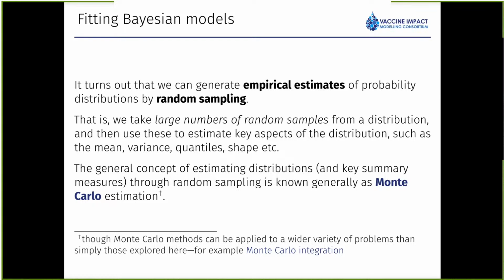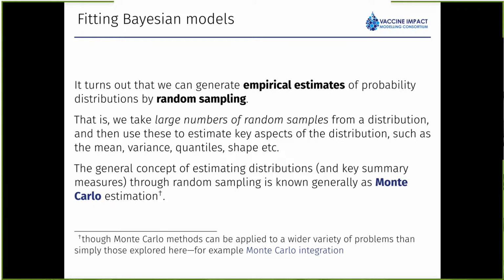And that's going to give us an estimate of what that distribution looks like. Also, if we take a large number of random samples and we take their sample mean, then we get an estimate of the mean of the distribution. If we take a large number of samples and we take the standard deviation, we get an estimate of the standard deviation. Yeah, does that make sense? So this is basically the idea, okay?